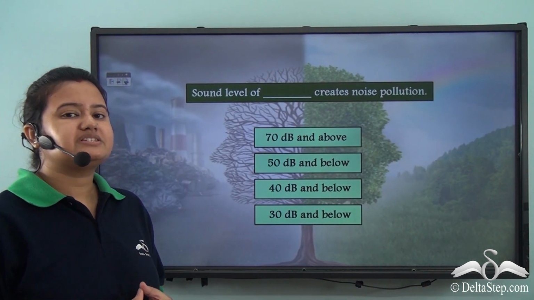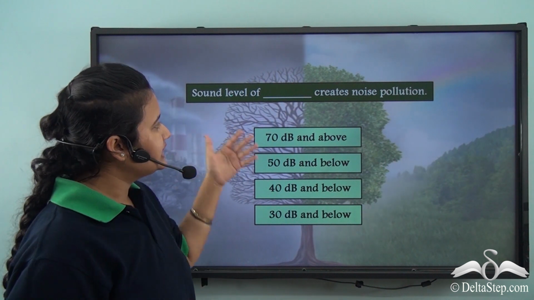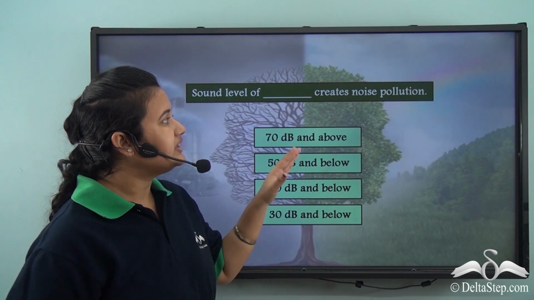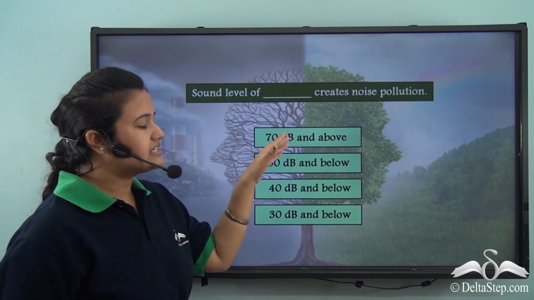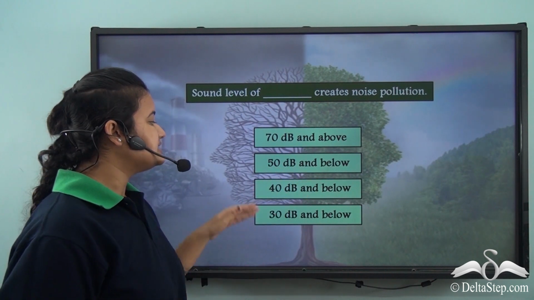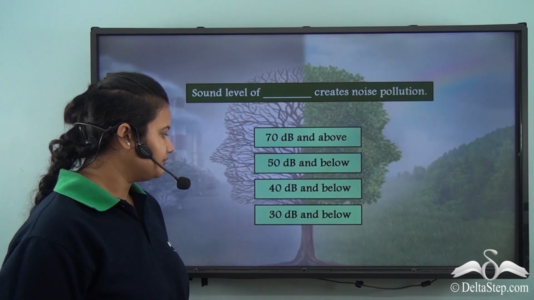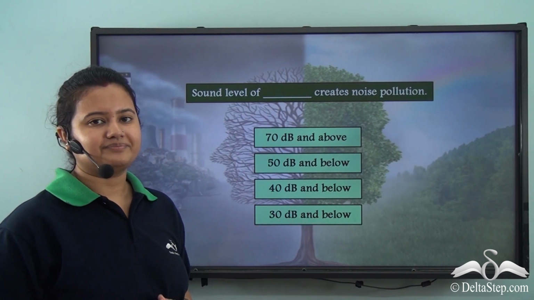Now, before we proceed with our lesson, let us try to answer this question. Sound level of dash creates noise pollution. Is it 70 decibel and above? Is it 50 decibel and below? Is it 40 decibel and below? Or is it 30 decibel and below? What do you think?